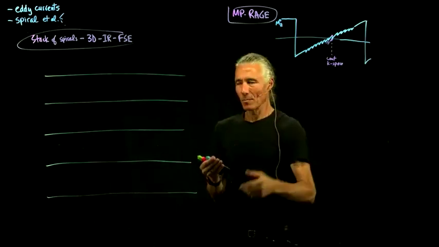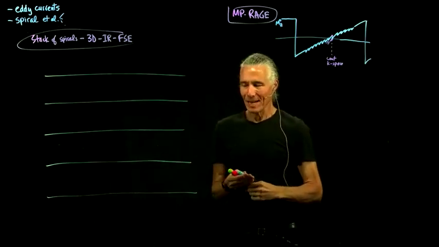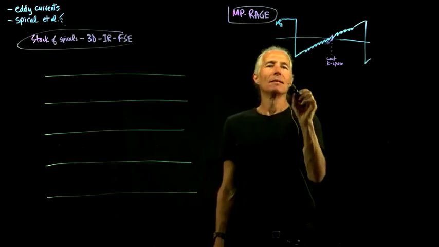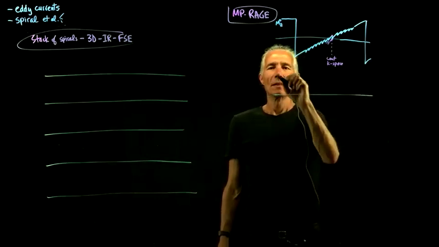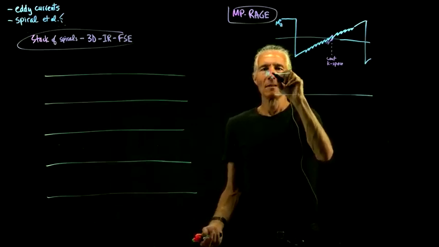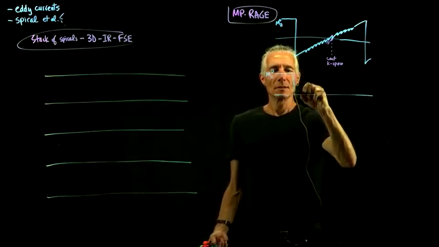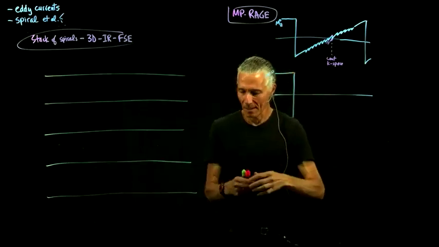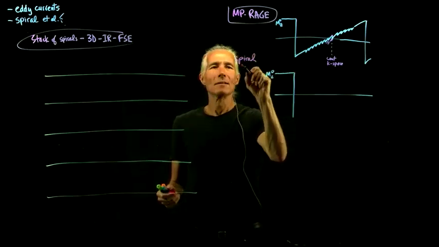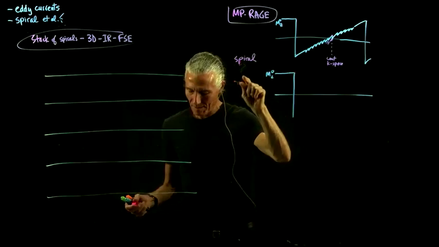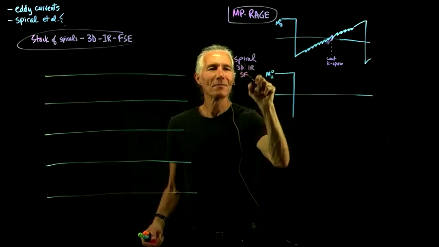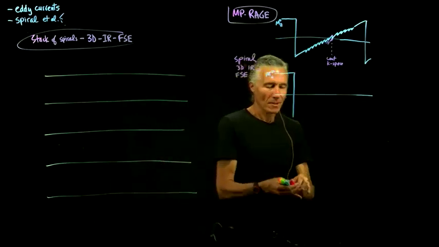So what is this spiral one? The MP-RAGE is a gradient echo, but now we're going to do a spin echo. Generally a spin echo is preferable because we correct for B0 defects, get T2 instead of T2 star, and have less distortion. We start off with the 180. So this is our spiral 3D inversion recovery spin echo, fast spin echo. How does this work?